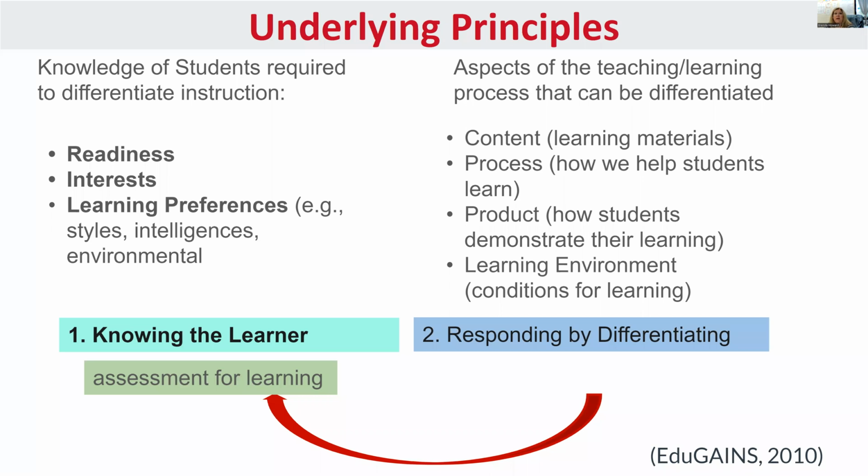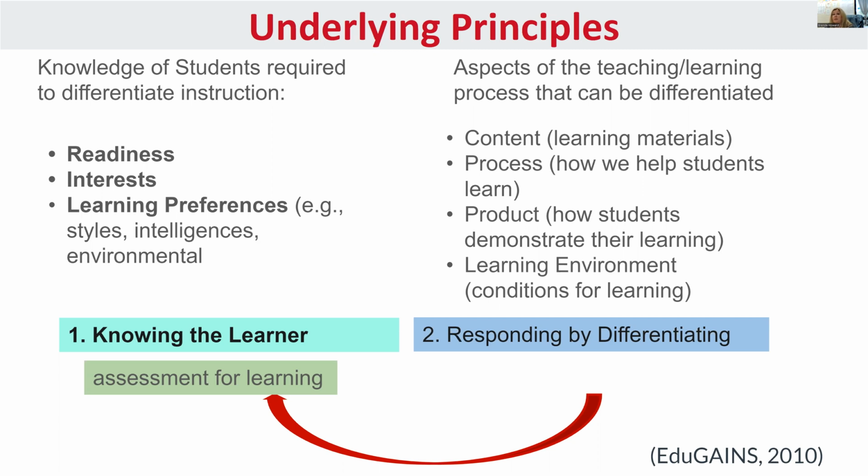Basically, what they're talking about, if you look at the bottom of this screen, you can see the cycle, the way it works out. Getting to know your learner is talking about learning their readiness for learning, their preferred interests, their preferred learning style. Once you know about your student, then you can determine how you're going to deliver the instruction.